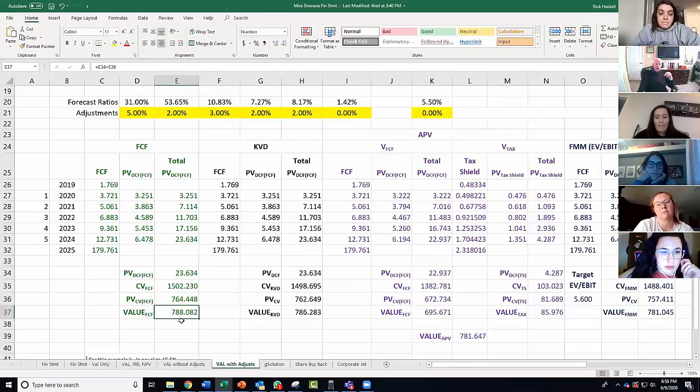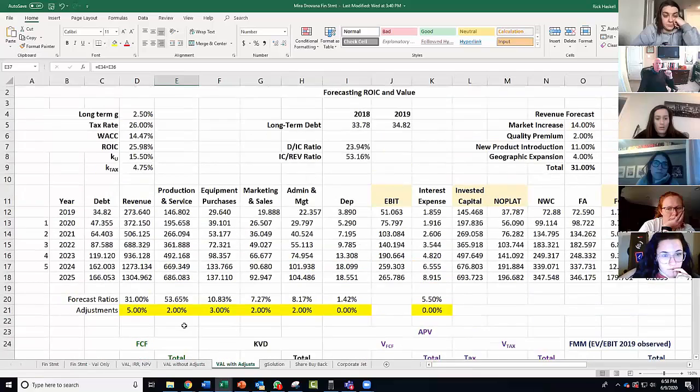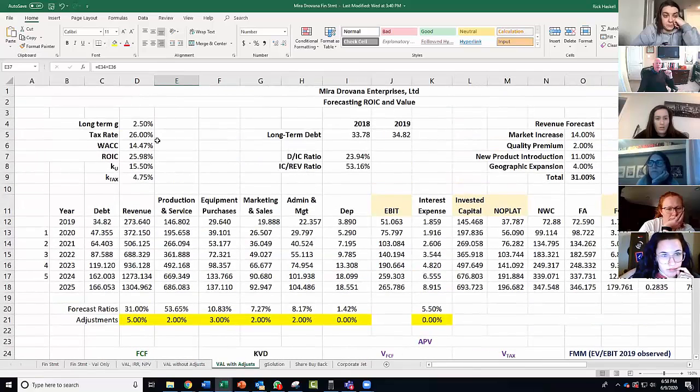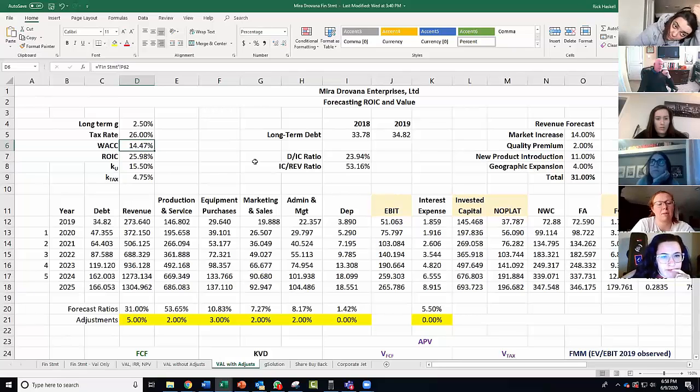And if we paid 700, Michael Allen, what's the net present value that we're going to get from this company? We're going to get, what is that, 788? Well, that's going to be our value. That's the value. So now we're going to net out the 700, so we get an $88 million or an 88 net present value, which means we're going to make that much more than the discount rate of 14.5%.